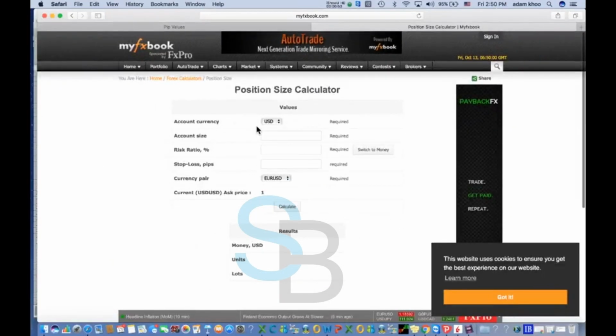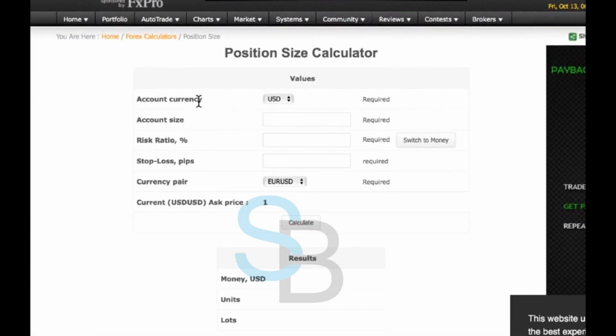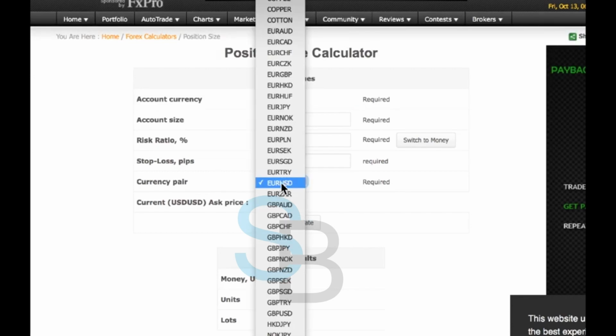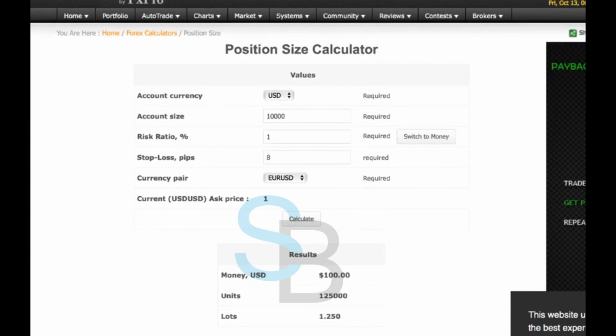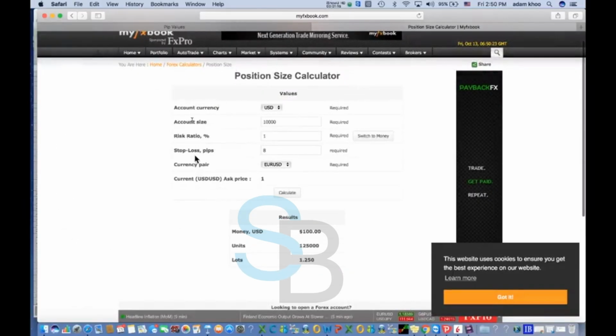And again, I've mentioned before, you can just key in your account size, say it's 10 grand, you're risking 1%, stop loss 8 pips away, and you're trading euro US dollar, you calculate, boom. So you know exactly how many lots, 1.25 or 125,000 units.